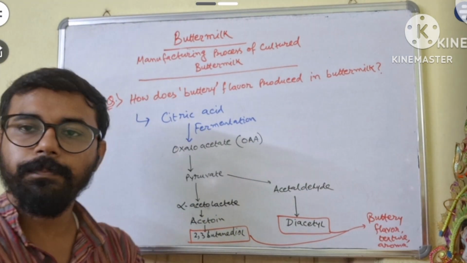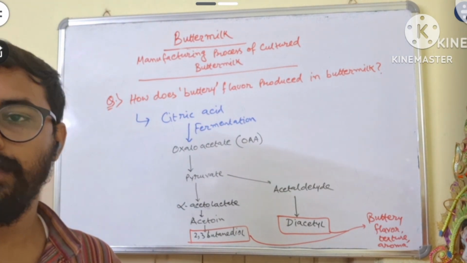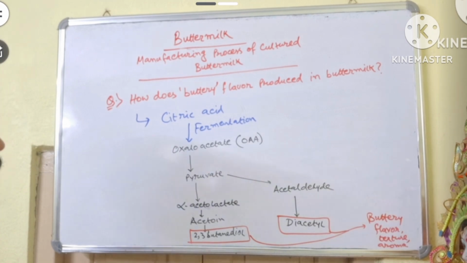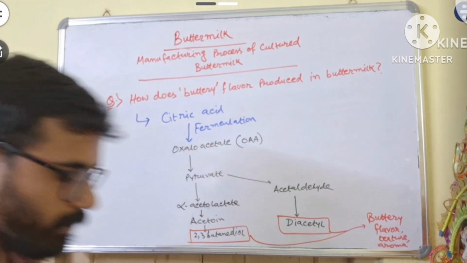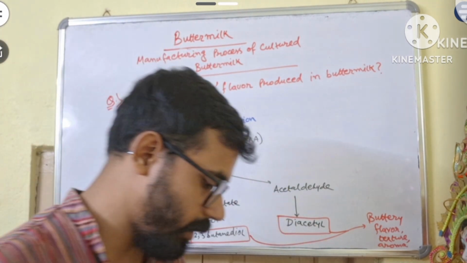So we are using simple milk to make buttery flavor like buttermilk. And how does it produce? It produces from the citric acid. That's why citric acid is so important to add during standardization.